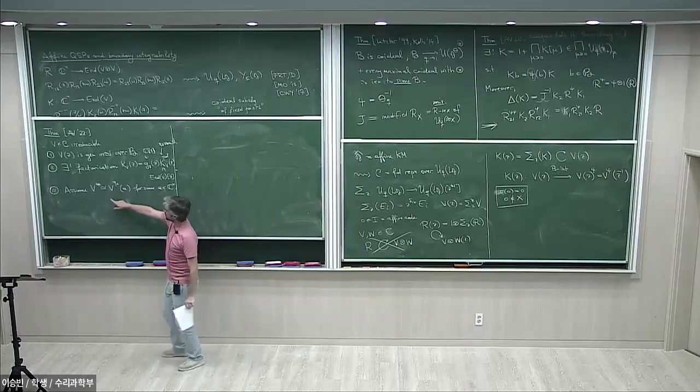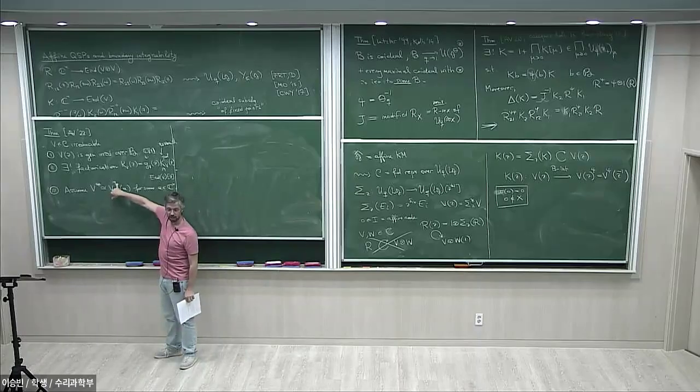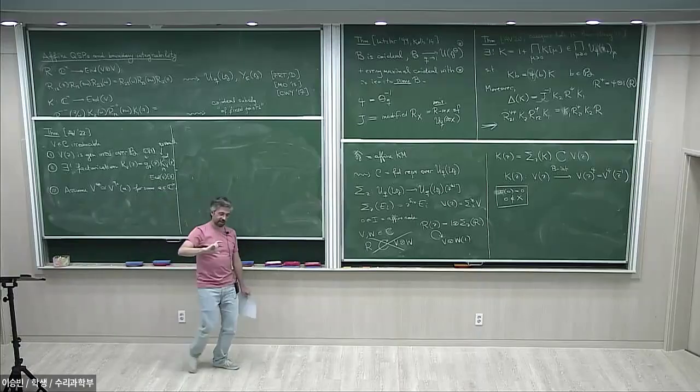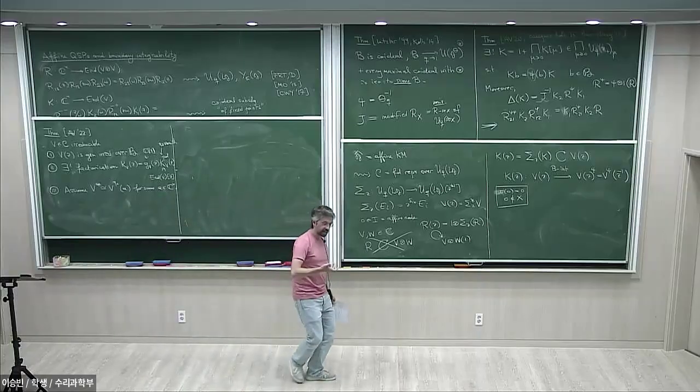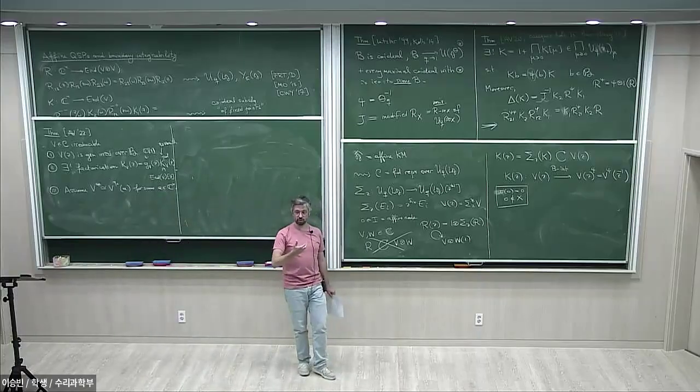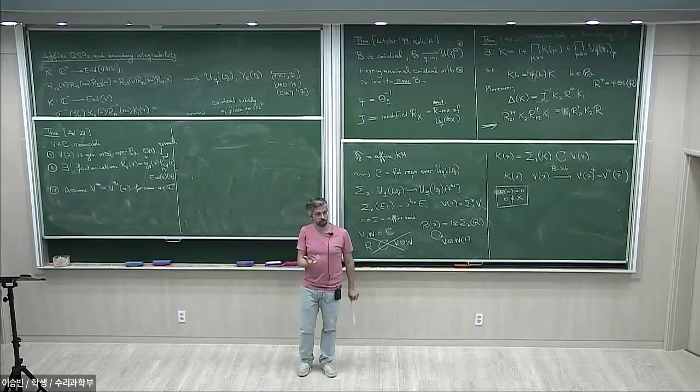What does it mean? It means I take my finite dimensional module and then I pull it back by Chevalley. And then what I'm requiring is that this must be the same thing as taking my irreducible and pulling it back by the automorphism of the finite type Dynkin diagram corresponding to the quantum affine algebra that corresponds to the longest element in the Weyl group, in the finite Weyl group.